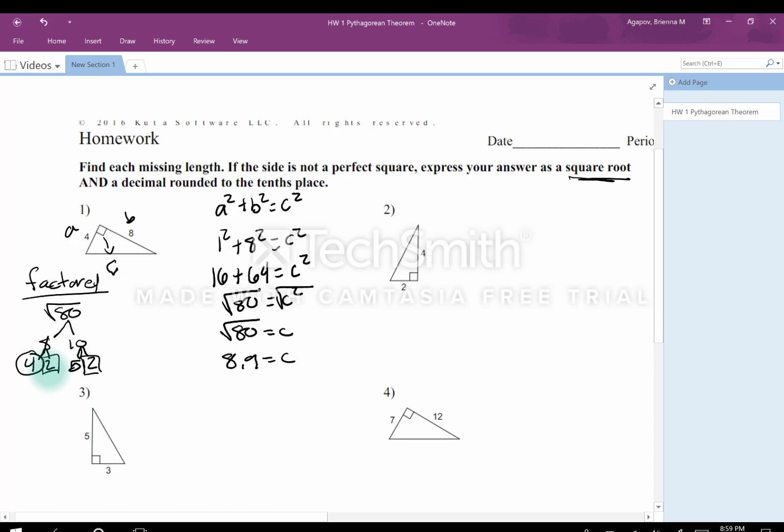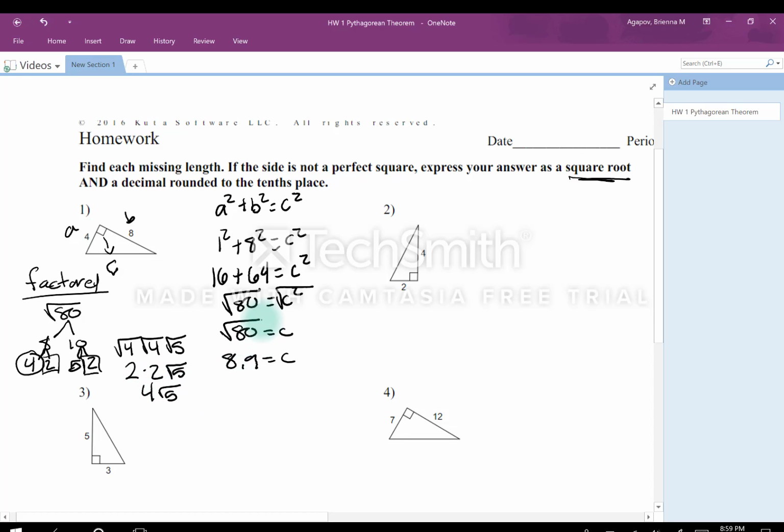That means I can multiply 2 and 2 to give me 4, which I've already stated is a perfect square. So I'm going to take the square root of 4 and the square root of 4 and the square root of 5. This is going to give me 2 times 2 times the square root of 5, resulting in 4 times the square root of 5.